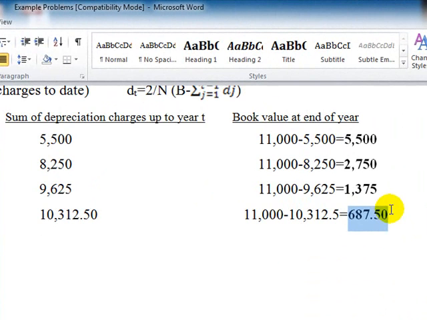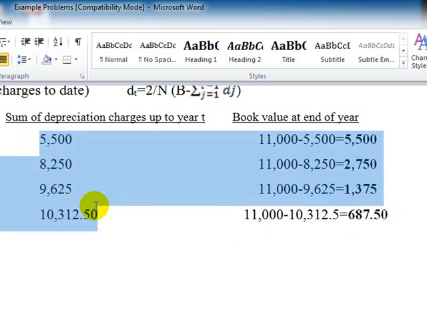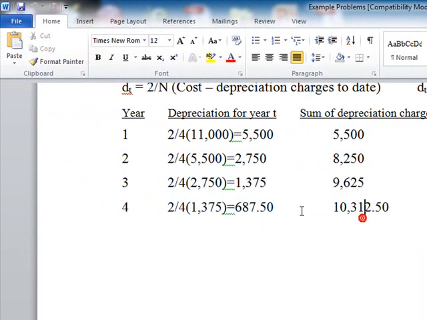Government will not allow the book value to go below the salvage value of the equipment. So we need to have this minimum of $1,000 there. Here also the total depreciation sum should be $10,000, right? 11,000 minus 1,000 is $10,000. We cannot depreciate more than that.